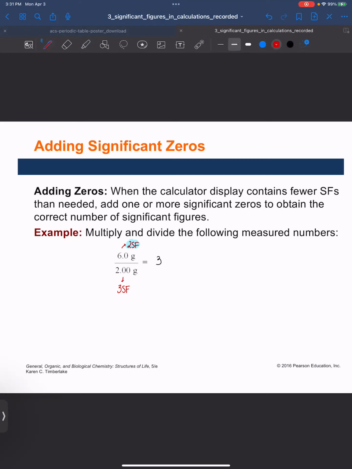So therefore, we would need to add a 0 to indicate 2 significant figures. Now, adding this 0 was different than that previous example I was referring to when we added zeros as placeholders. But once again, this is just another example of where we need to add zeros to our final answer, in this case, because we want to indicate the correct number of significant figures.